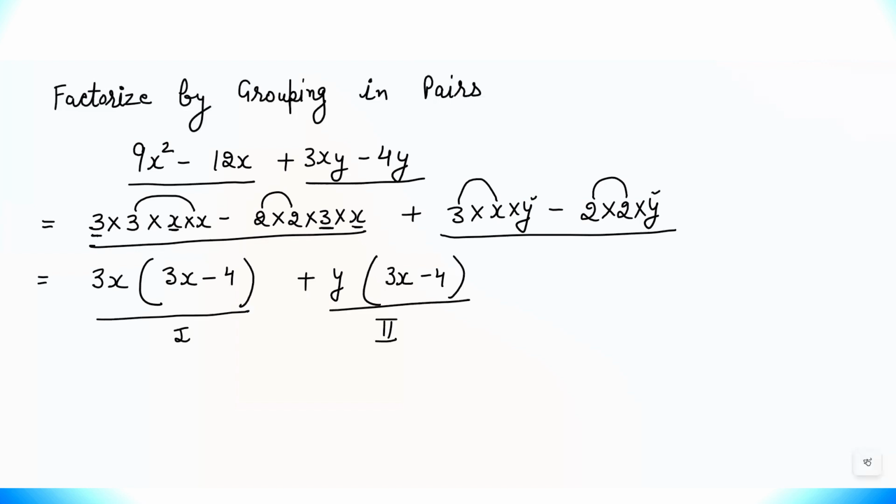So, what is common in both? That is 3x minus 4 is common. And what is left? 3x plus y is left. 3x from the first term and y from the second term. So, this kind of factorization is called factorize by grouping in pairs.